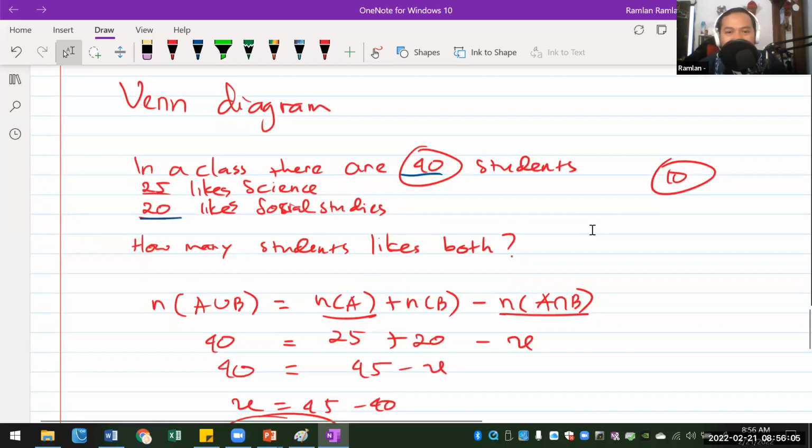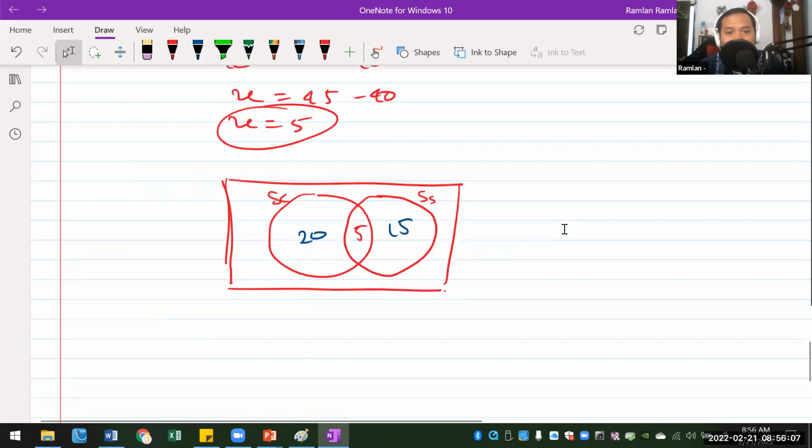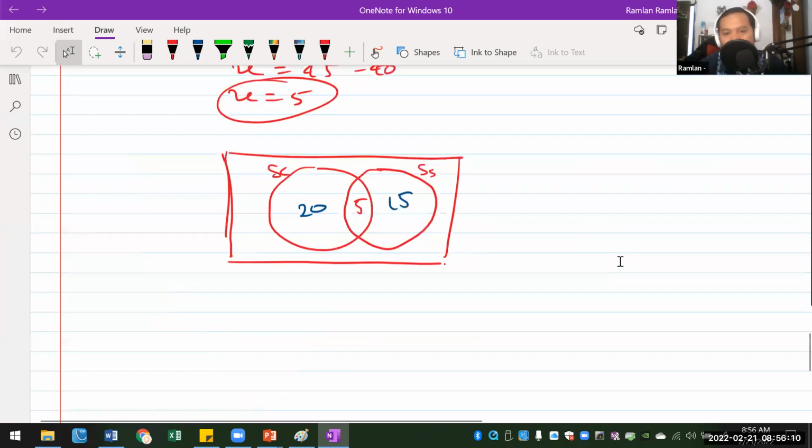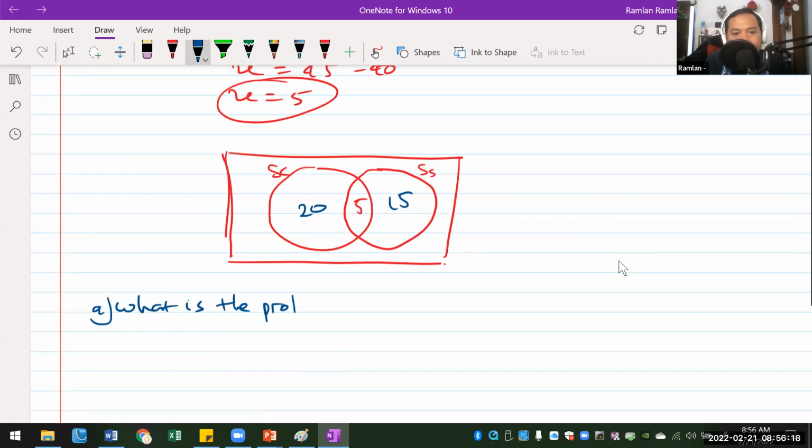Okay, so question here, guys. If I want this question into probability, for example, question 8. What is the probability that a student likes, for example, science?